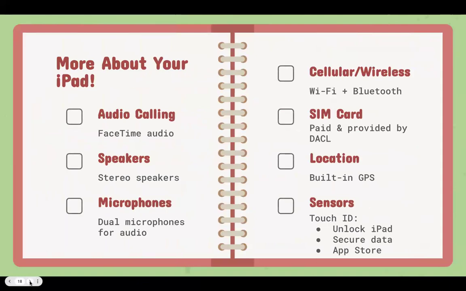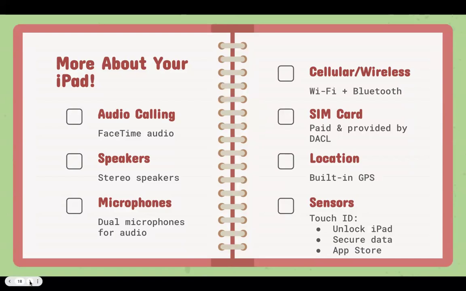A few more things about your iPad. You do have access for audio calling, which is similar but not the same as your cell phone or house phone. Okay, that's FaceTime audio. Also, speakers, that's how you can hear me speaking right now through your iPad. Microphones, that's how we can hear you when you choose to ask a question or comment.